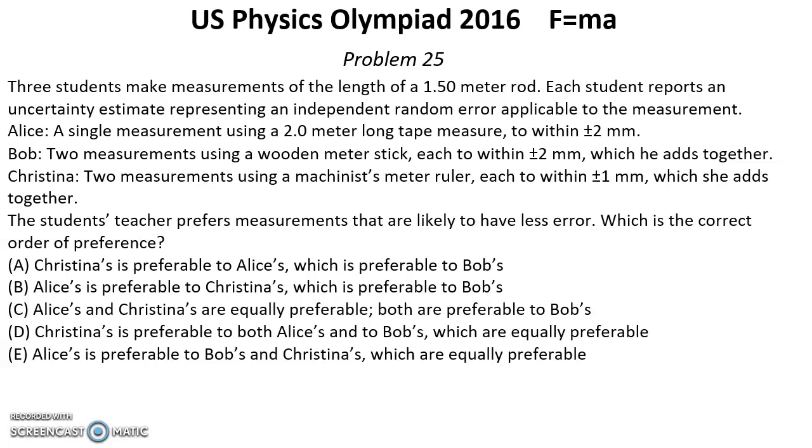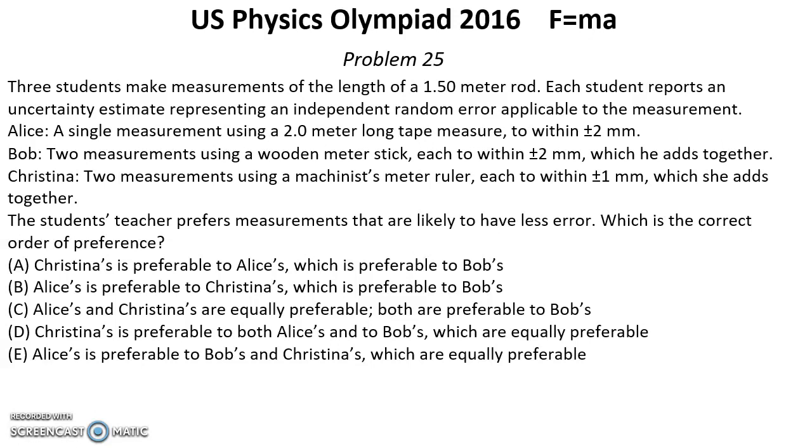Problem number 25. 3 students make measurements of the length of a 1.5 meter rod. Each student reports an uncertainty estimate representing an independent random error applicable to the measurement. Alice: a single measurement using a 2 meter long tape measure to within ±2 millimeters.